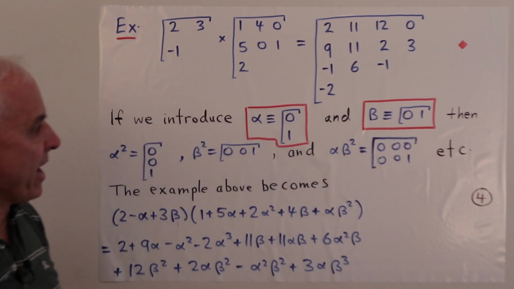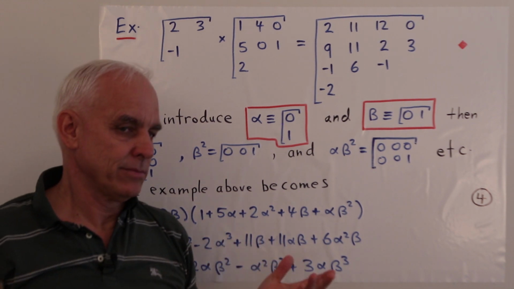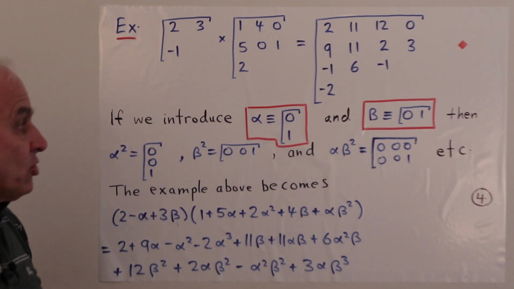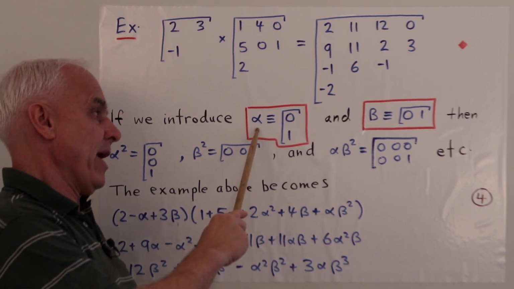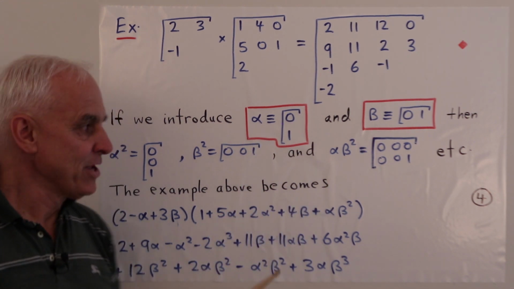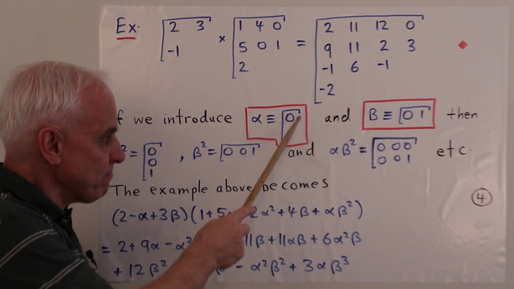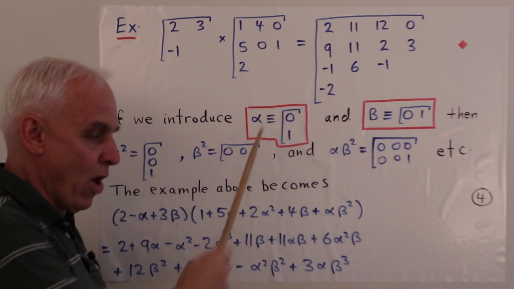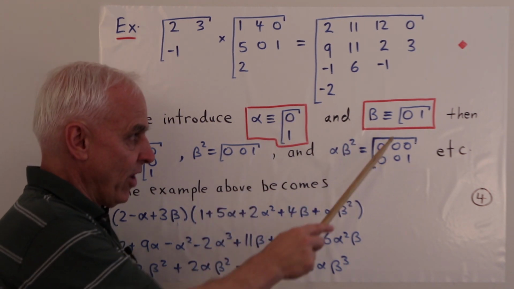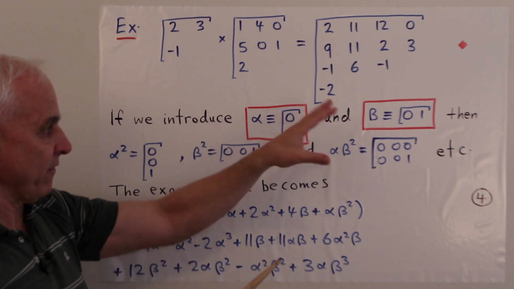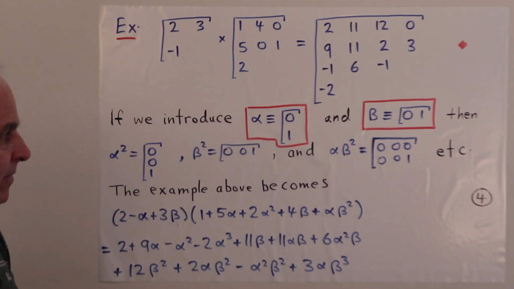Okay, so now we have bi-polynumber arithmetic. Let's introduce the 2 most important bi-polynumbers, alpha and beta. So alpha is really a polynumber, 0, 1, and beta is kind of a horizontal polynumber, 0, 1, but we're thinking of them as being bi-polynumbers.